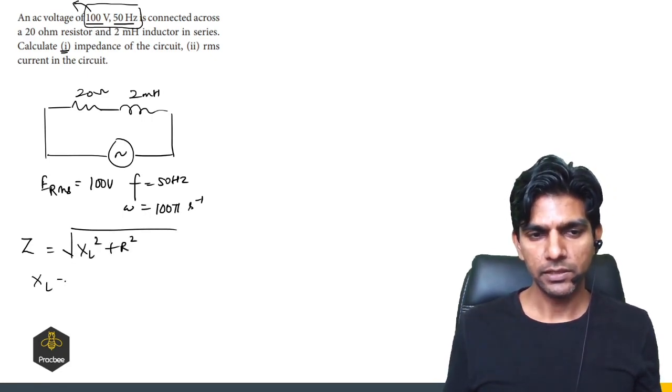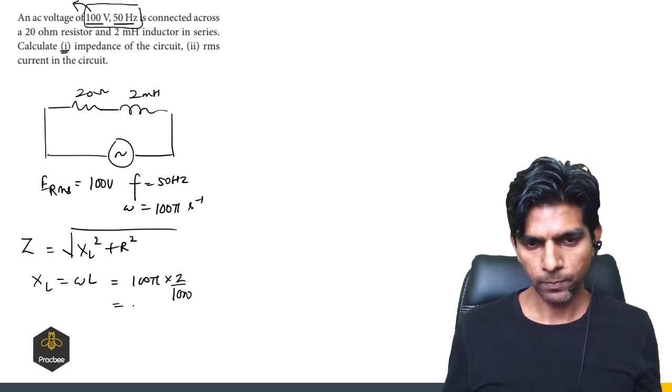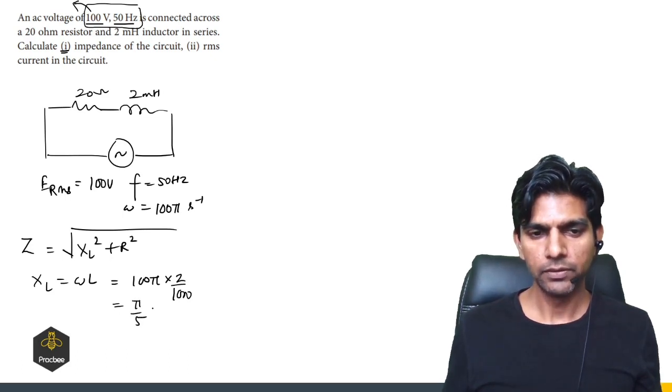And what is XL? It is omega times L. Omega is 100 pi, and L is given as 2 millihenry, so it will be 2 by 1000, right? So this comes out to be pi by 5 ohms, right? And R is given to us as 20 ohms.